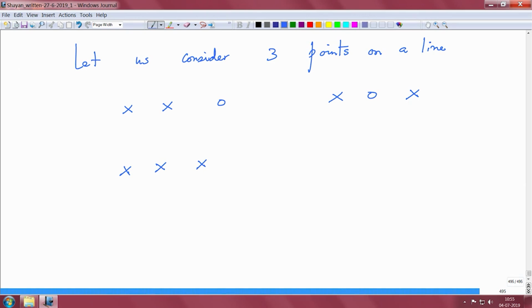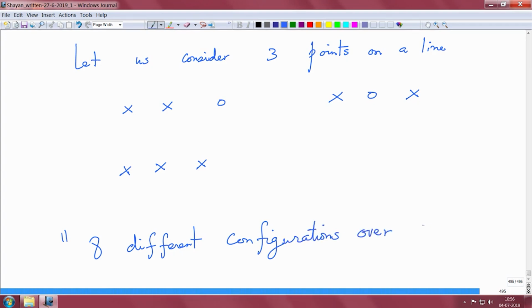Again, mind you that we need just one line that can shatter these points, right. There are 8 possibilities, 8 different configurations. We have 8 different configurations over 3 points.